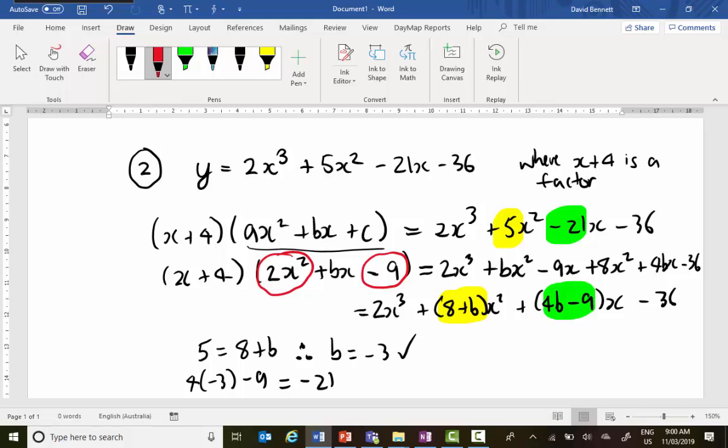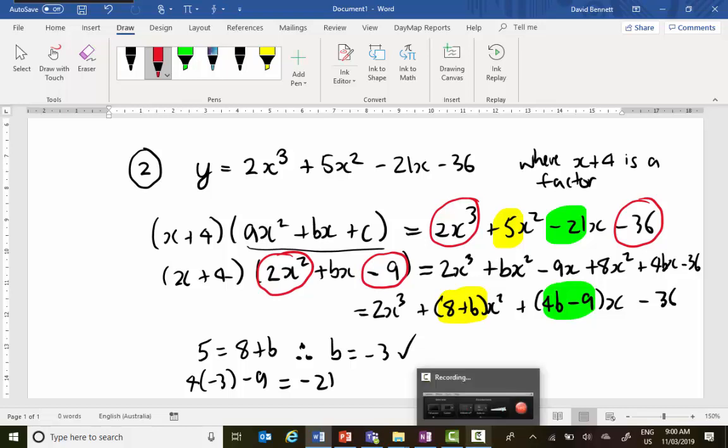They determine two of my values inside the bracket, and then I keep my unknown term, which is my bx. I expand it out, and then I equate the two terms together. That makes it easy for me to work it out.